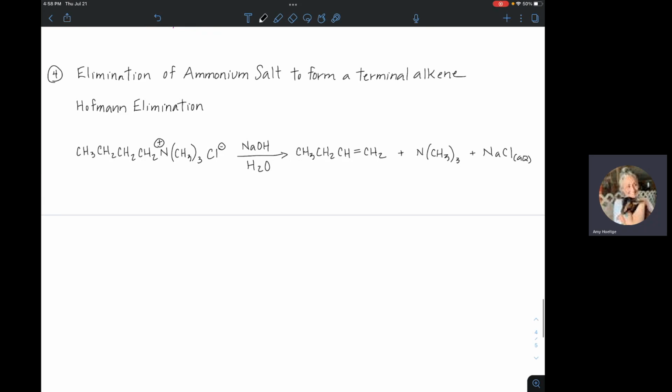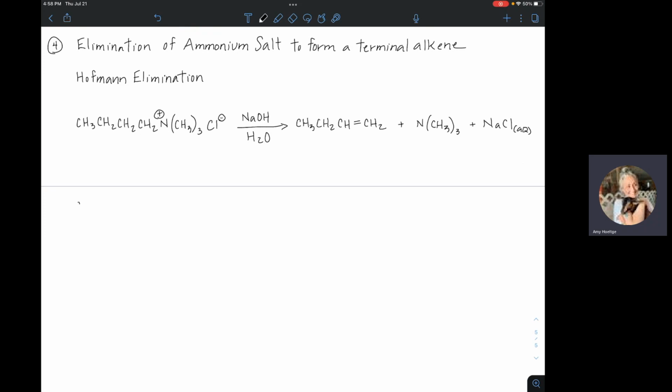So what's going on here? So we've got our starting material. I'm going to draw this just to make it a little easier to see. Oh, did I put too many? Yeah, that was right.